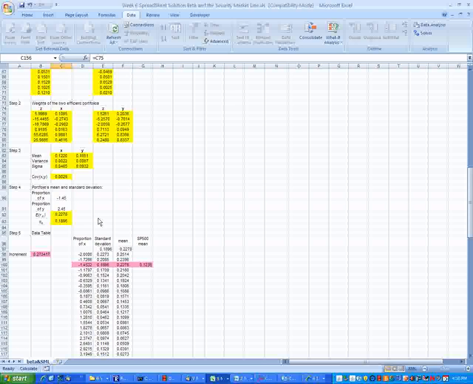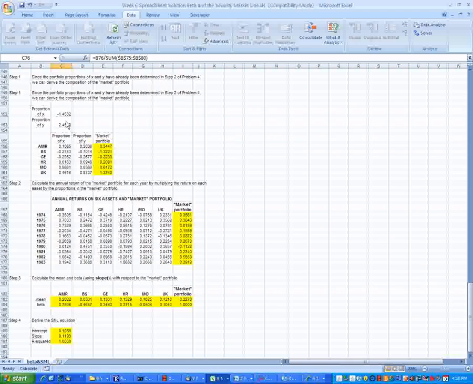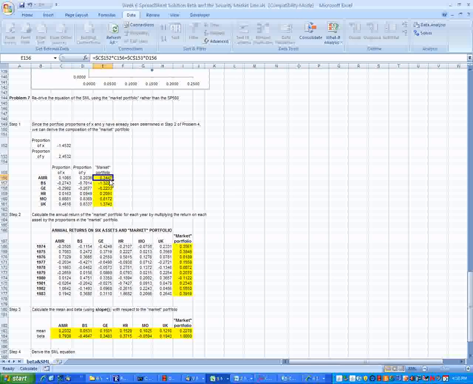So C75, if we go up, is the weighting of AMR in X. C76 is the weighting of the next stock in portfolio X and so on. So effectively, we're multiplying the proportion of X, and then multiplying it again by the proportion of AMR in X. And we're doing the same for Y. And when we do that, we can see in the yellow we're getting the new weights of our new correct market portfolio.